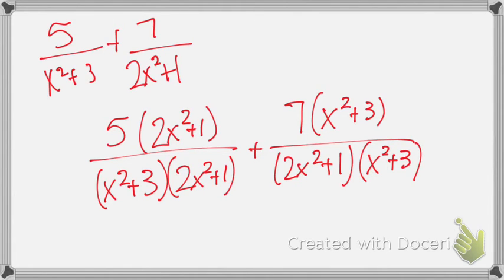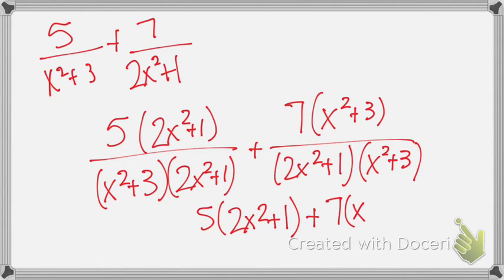So now all you have left to do is simplify the top. So let's see. 5 times 2x squared plus 1 plus 7 times x squared plus 3.